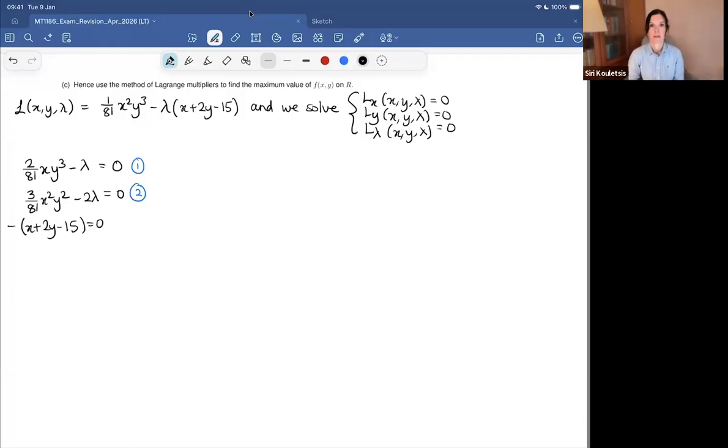And of course, this is nothing but the constraint, just rearranged. Multiply both sides by -1 to get rid of the minus sign, put the minus 15 there, add that 15 to both sides, and we come back here with the constraint. So we might as well write it in this form if you like.